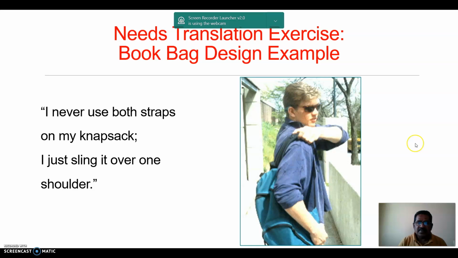Okay. Now, I never use both straps on my knapsack. I just sling it over one shoulder. People find it very difficult putting it on both the shoulders and then slipping it through their hand, etc. So generally, you can have bags with just one strap, such that they can directly put it on their shoulder and then walk away.